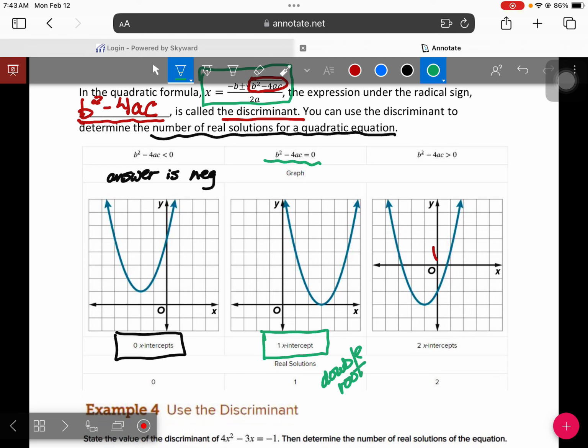So this is when the answer is equal to 0 exactly. And then finally, when b squared minus 4ac, if that answer is positive, then we will have our usual 2 x-intercepts, which means you have 2 real roots.